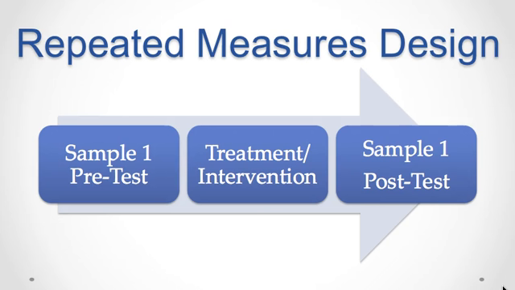There are two types of research designs commonly used to select related samples: the repeated measures or related samples design and the matched subjects or paired subjects design. These designs are analyzed in the same way.